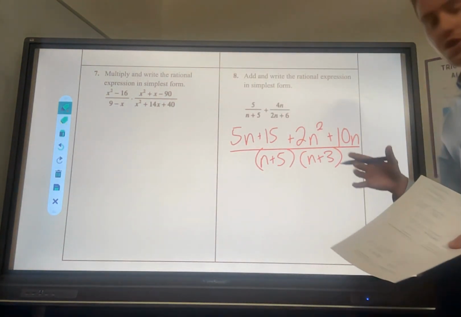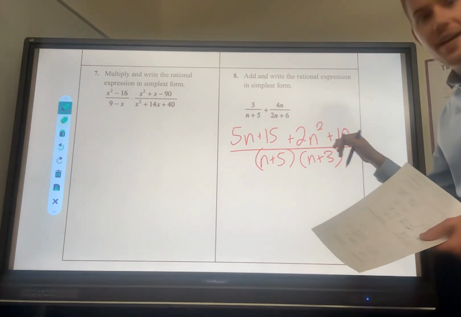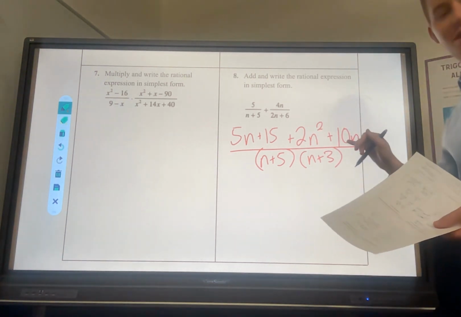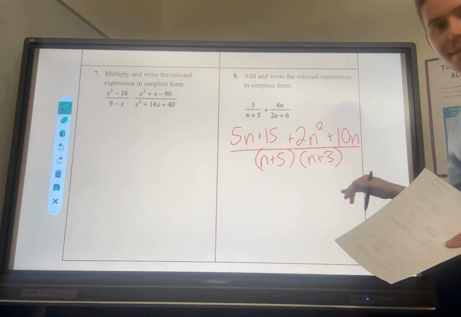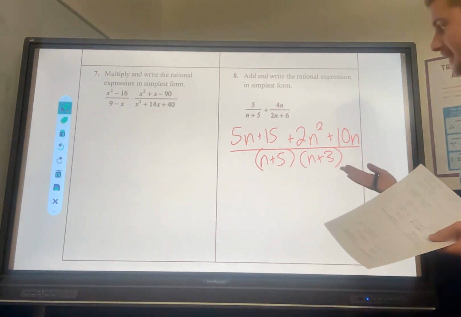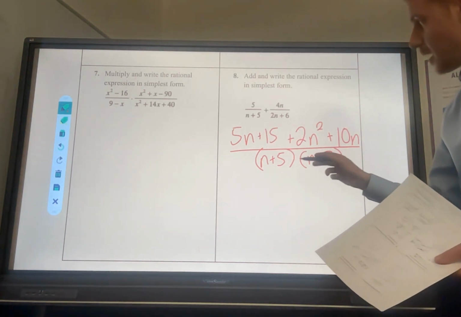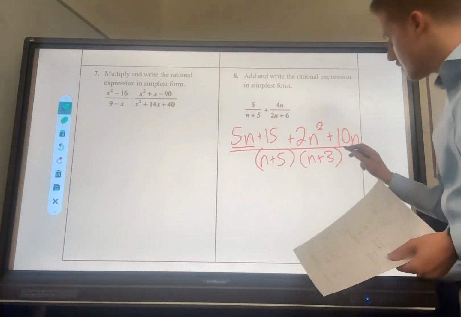All right, cool. So now I've got my numerator rewritten after I've distributed all of my terms, and I've got my common denominator. And so my final step of work here is I simply need to combine my like terms up top. And so up top, in this case, that's 5n and 10n.